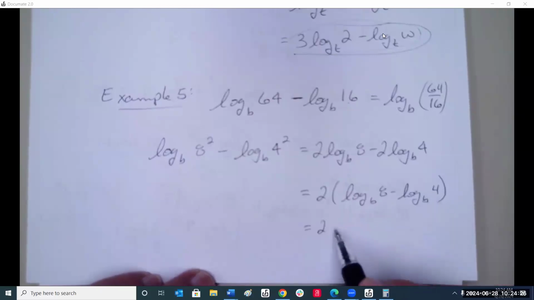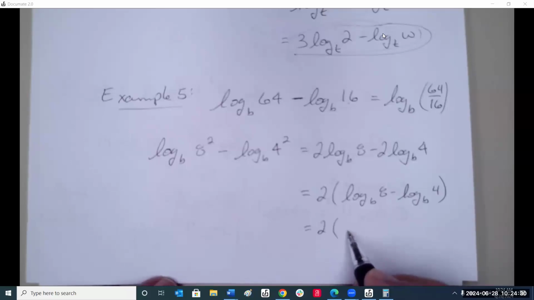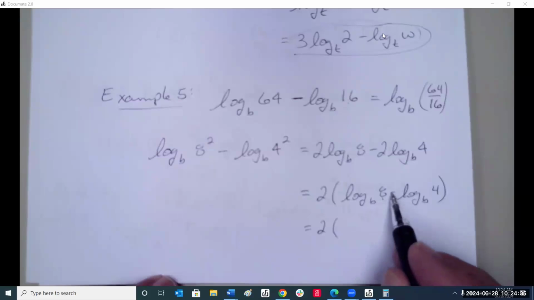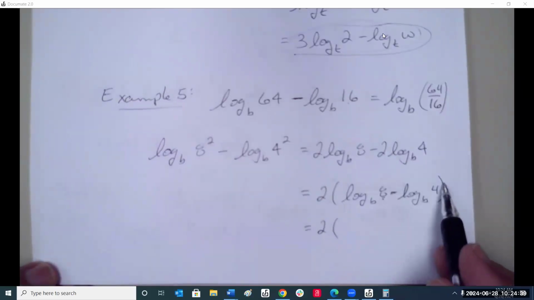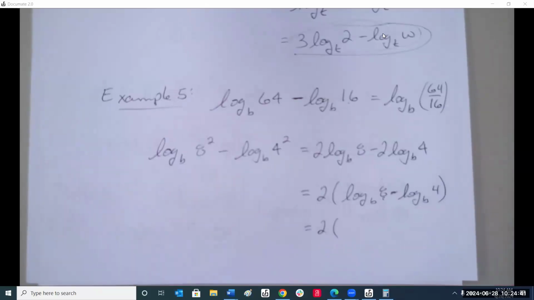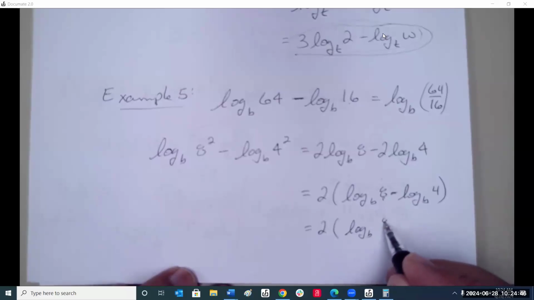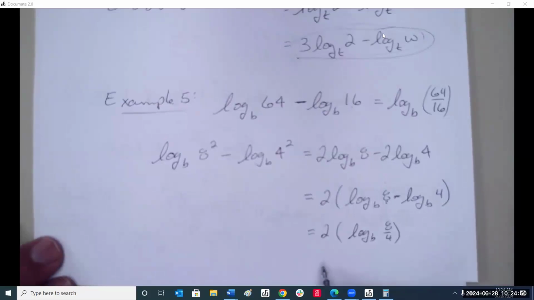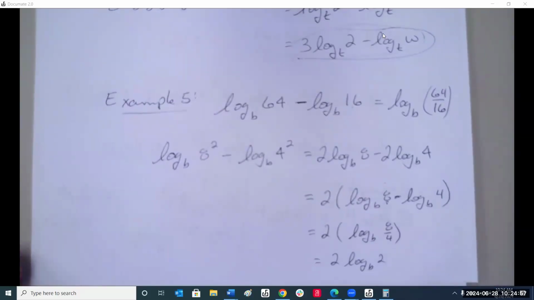What do you do with this? Oh, we could, but since it's minus, yeah, you could, because this would be 2 to the third, this would be 2 squared. We take that out. But let's look at this. We have log base b of 8 divided by 4, which is 2. 8 divided by 4 is 2.